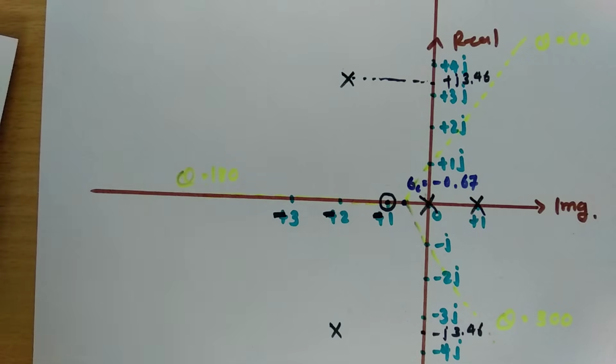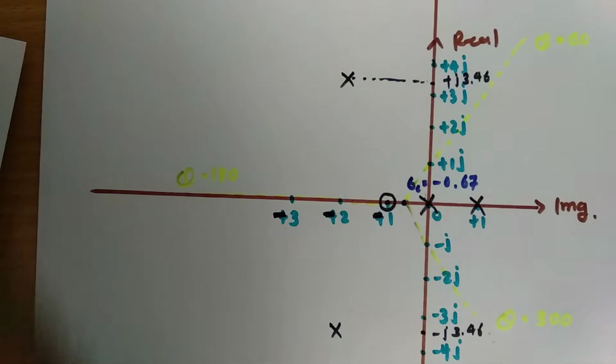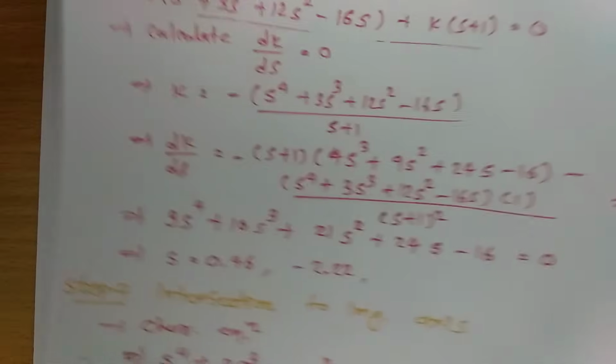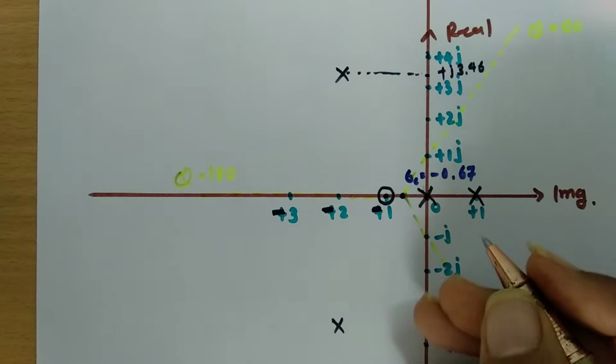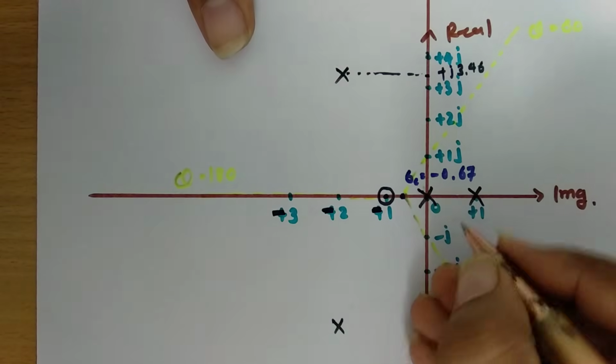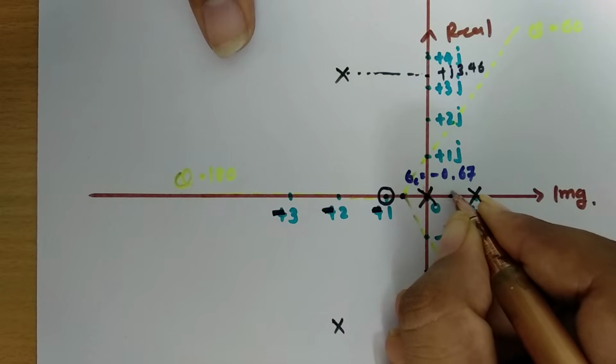And then we have calculated the breakaway points, which we can see are 0.46 and minus 2.22. So 0.46 is somewhere over here.